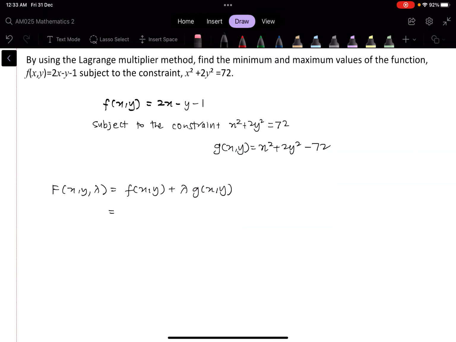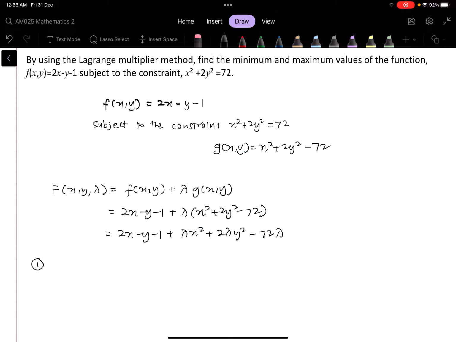So 2x minus y minus 1 plus lambda times (x squared plus 2y squared minus 72). Let's expand: 2x minus y minus 1 plus lambda x squared plus 2 lambda y squared minus 72 lambda.